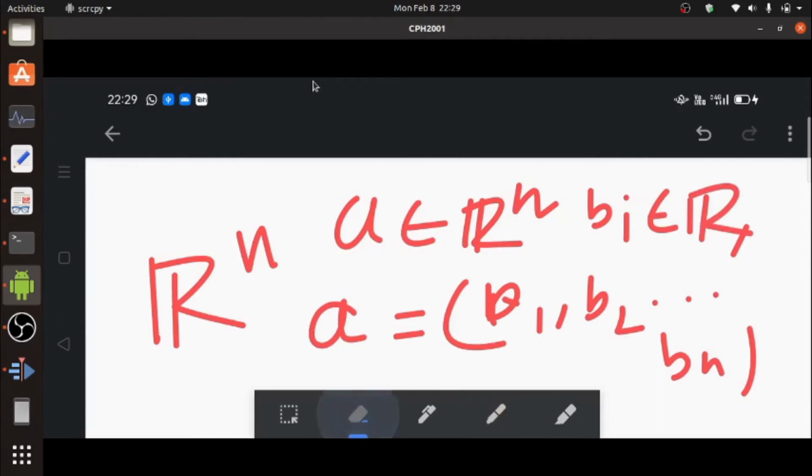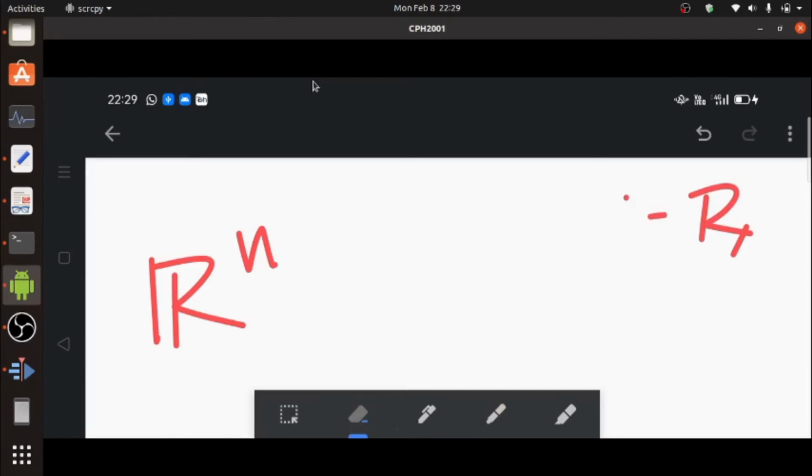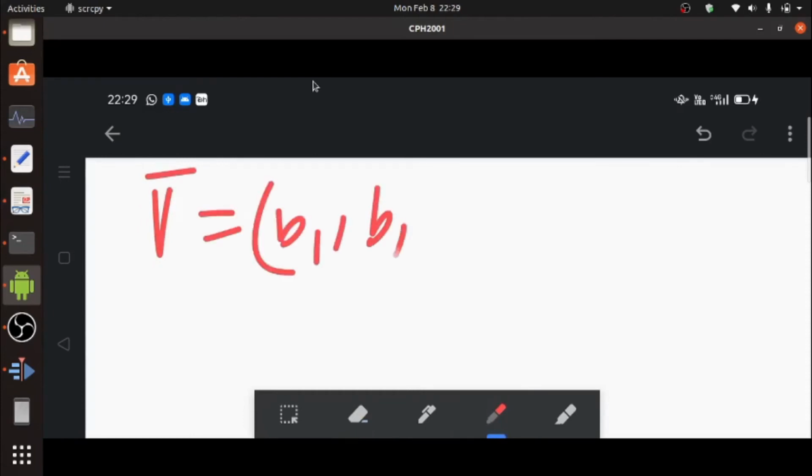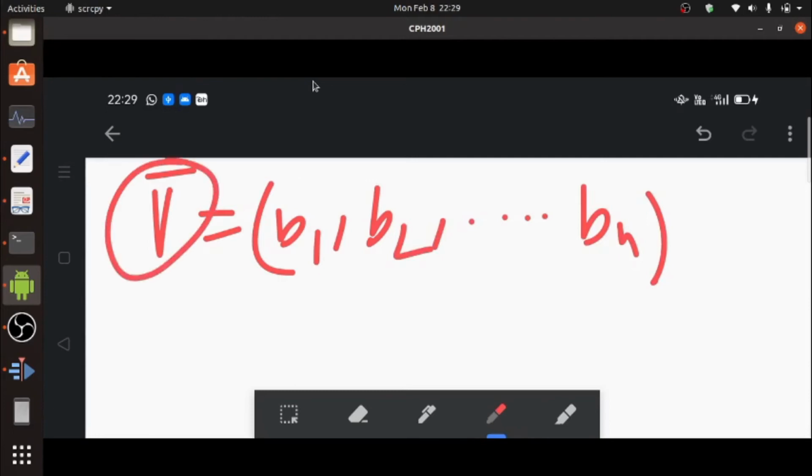This list of n numbers is what is called a vector. Vector V is equal to (B1, B2, up to Bn). We write a bar on its head, V bar, to separate it from other terms like numbers. We call V bar a vector.